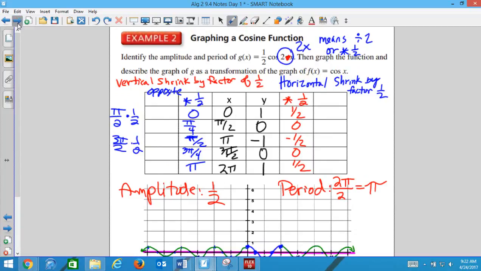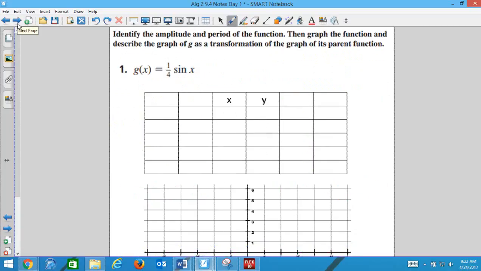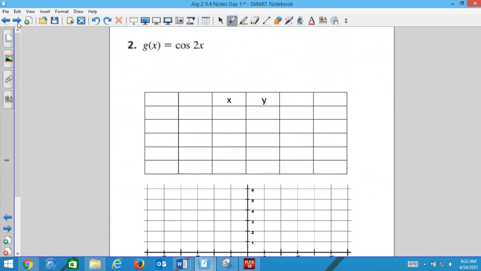All right, I'm not going to do all of the rest of them. I want to pick, let's see, I want to do this one. Number 3. Oh, because I changed it also. Number 3, g of x, 2 sine 4x.